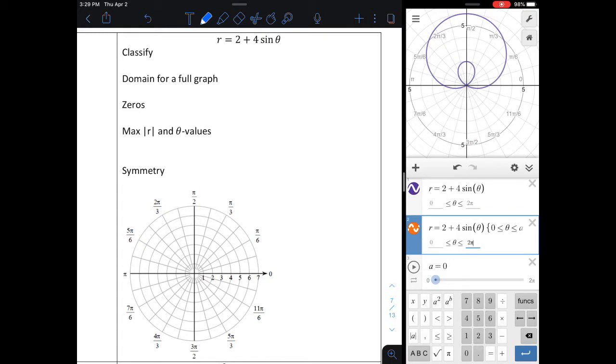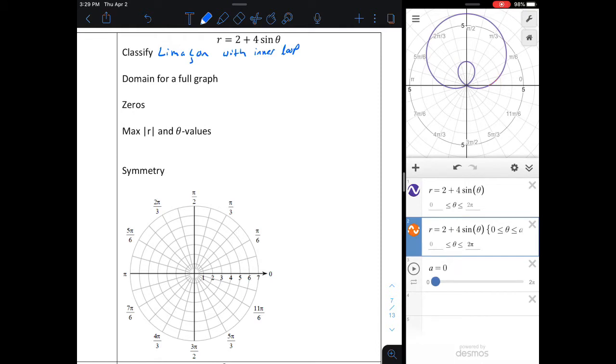Now, this curve itself is a type of limaçon, a limaçon with an inner loop. And we try to figure out, what is the domain for the full graph?